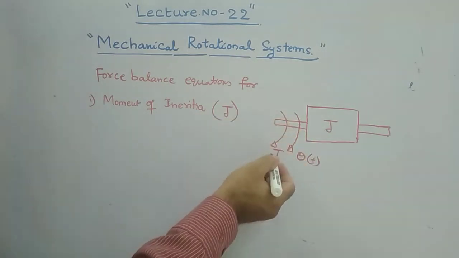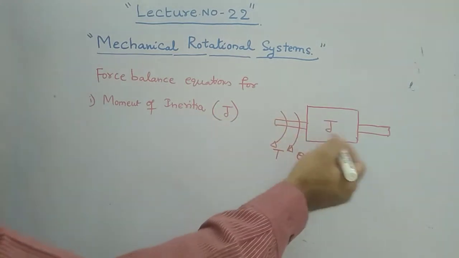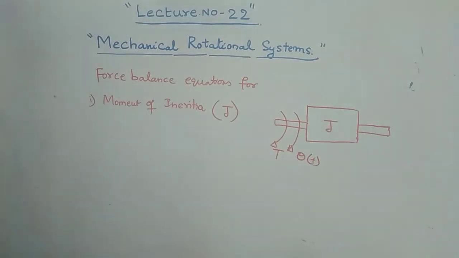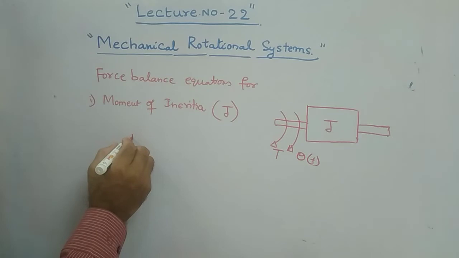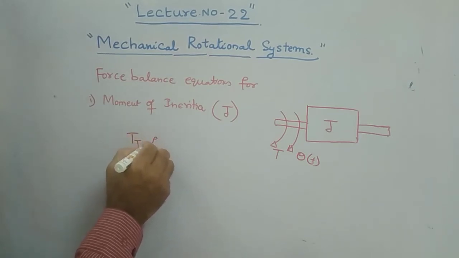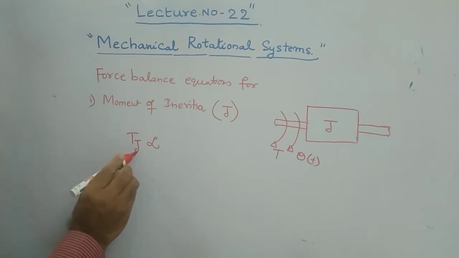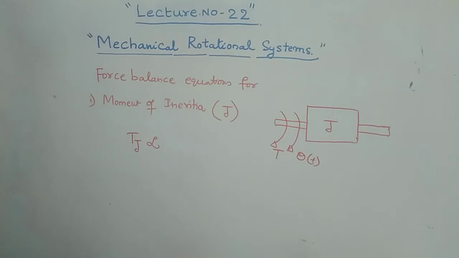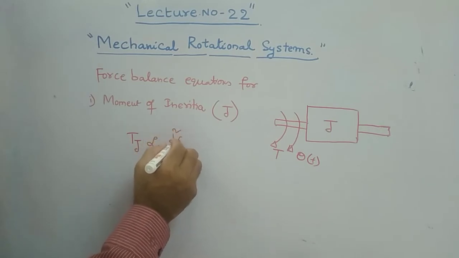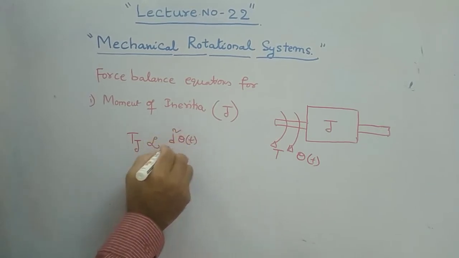As we are applying T, therefore opposite T will be provided by this J. Therefore T suffix J is proportional to T, the torque with respect to moment of inertia J. T J is proportional to what? The double derivative of the displacement, d square theta of t by dt square.